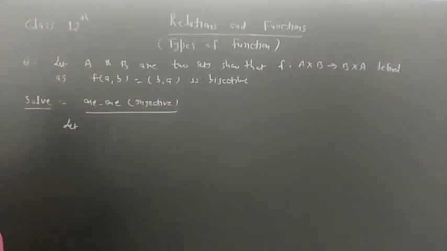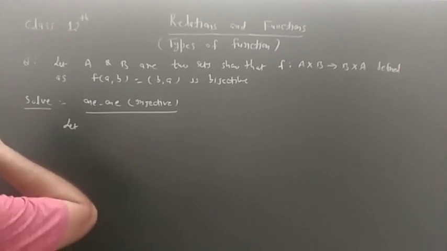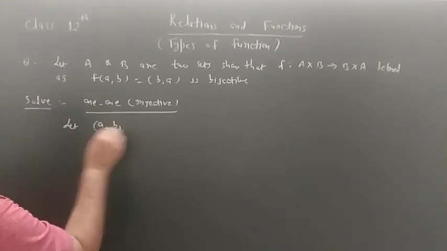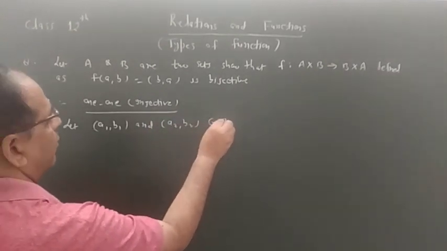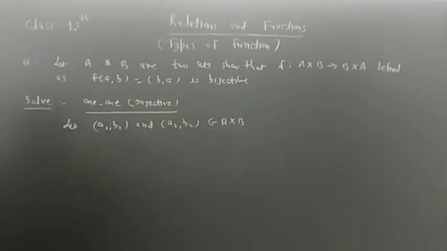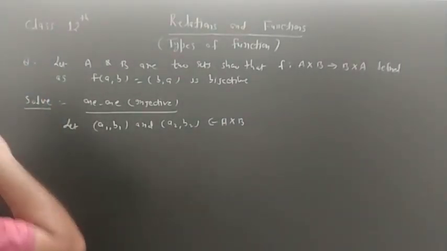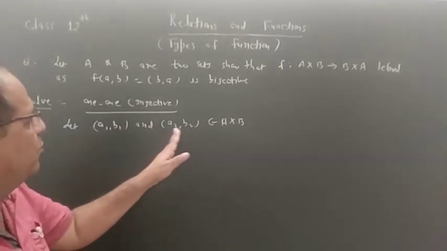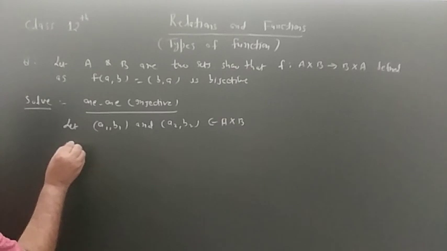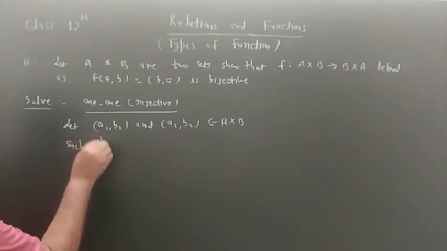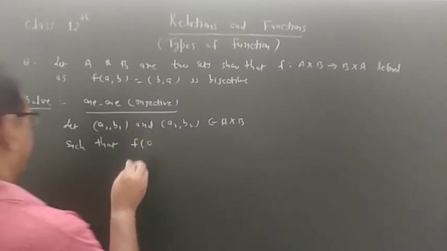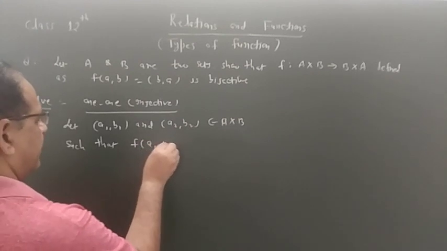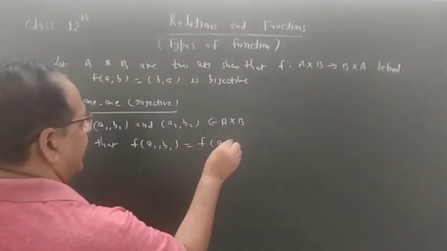Let (a1, b1) and (a2, b2) be elements of A cross B such that f(a1, b1) equal to f(a2, b2).